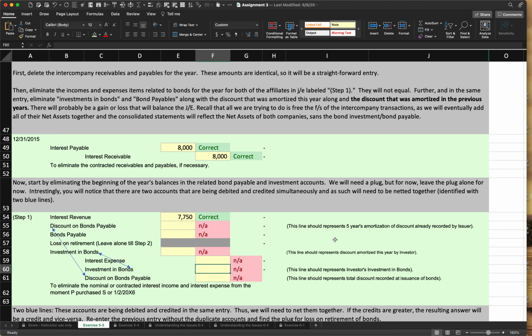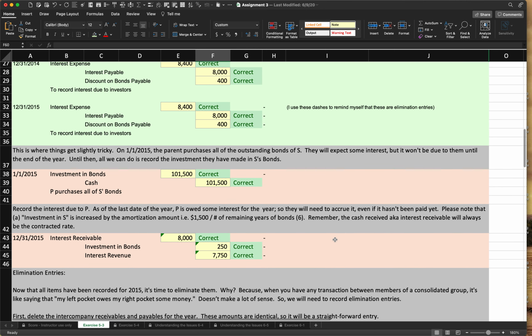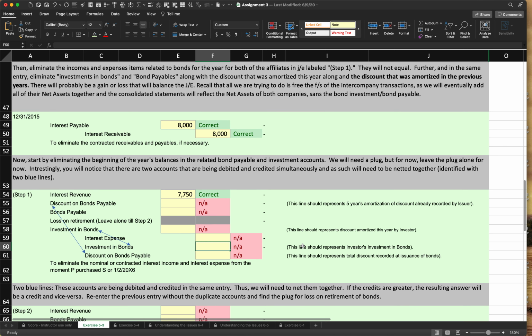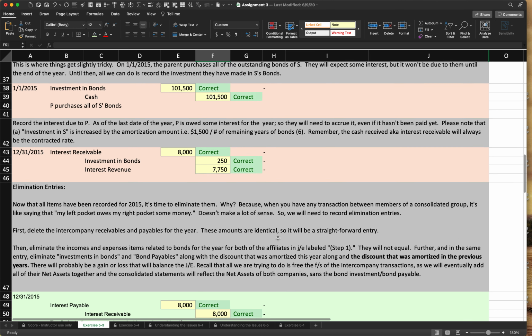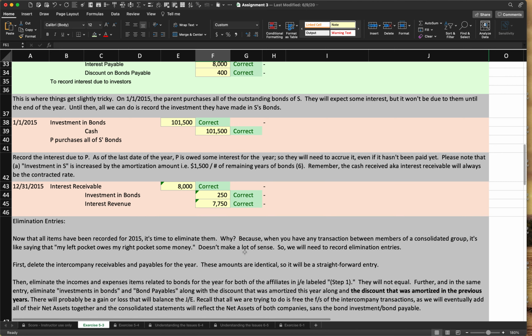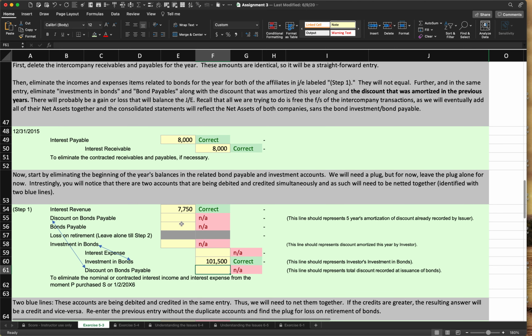This was previously a debit, 101,500. And we amortized some of that in this line entry, 250, as a credit. So we now need to debit that 250.